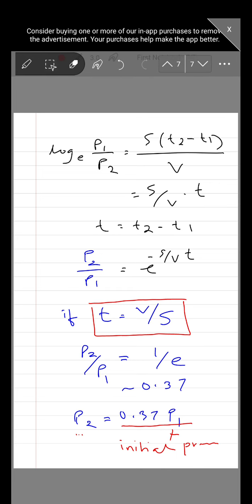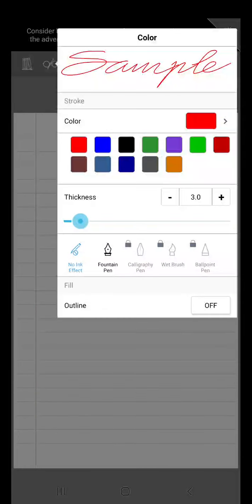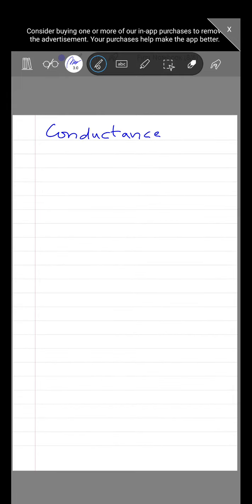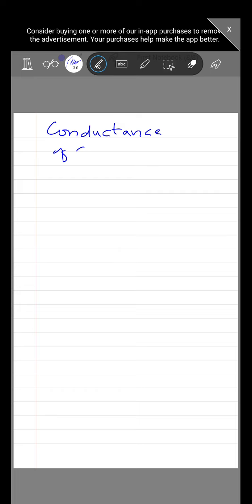So, like speed, another property of the exhaust pump is the conductance of a tube, the tube through which the gas is flowing.